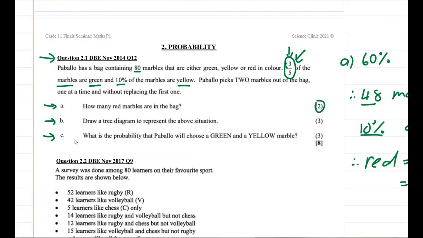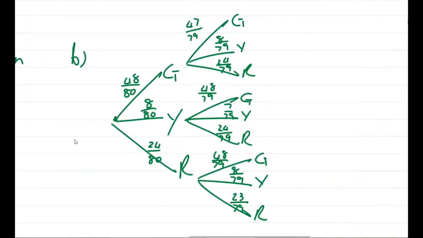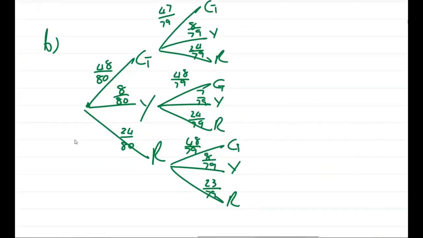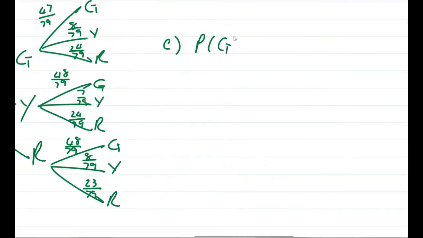Now at C, they ask, what is the probability that Pablo will choose a green and a yellow marble? Now remember, green and yellow doesn't necessarily mean in that order. It can mean first green, then yellow, but it could also mean yellow and green. So we need to think of the probability of green and yellow, or yellow and green.